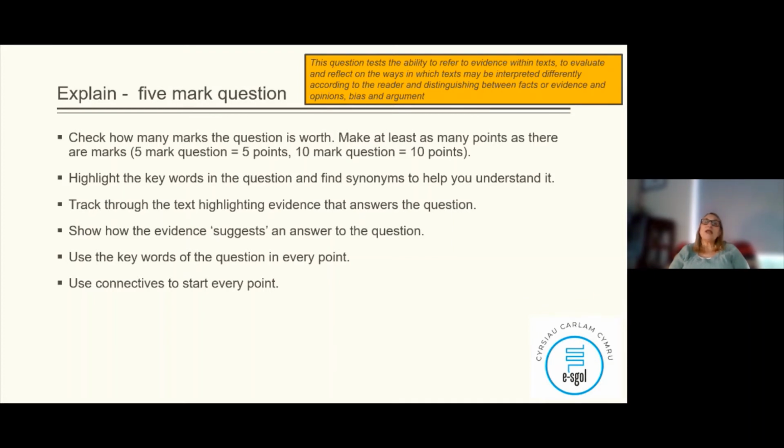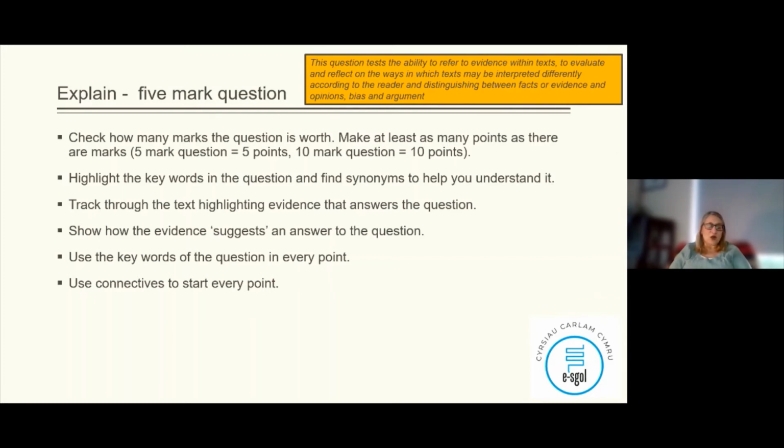Now what I would do next is, with your highlighter, highlight the keywords in the question and find synonyms to help you to understand it. I'll go through that in a moment, but find words. You might have to rephrase the question so that you understand what it's asking you to do.